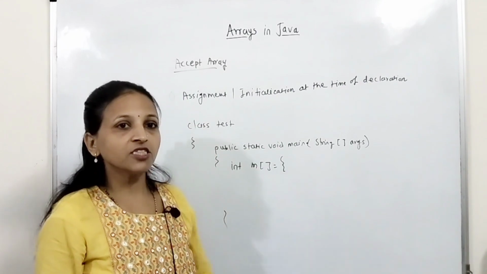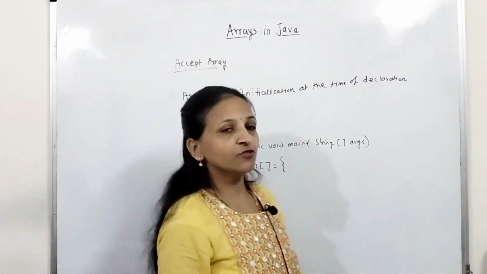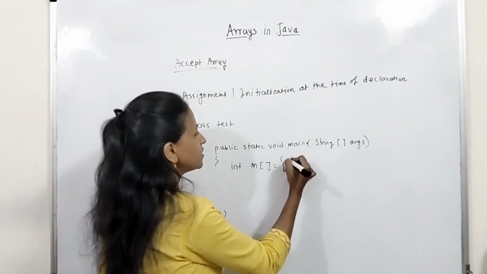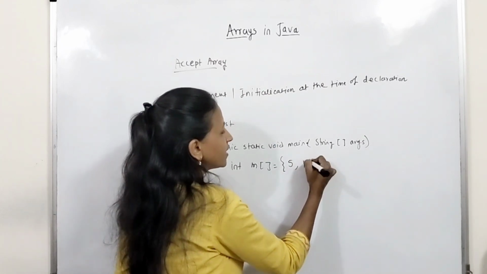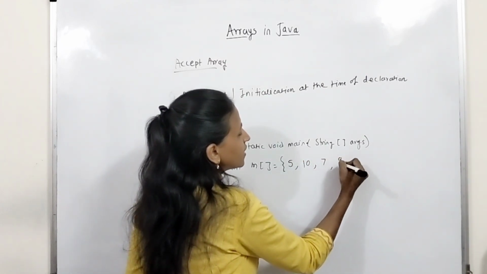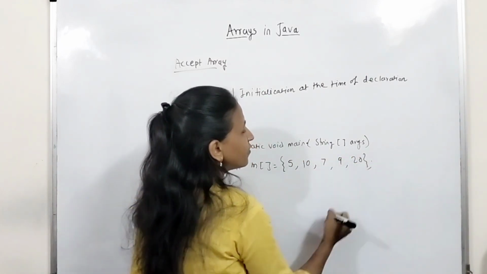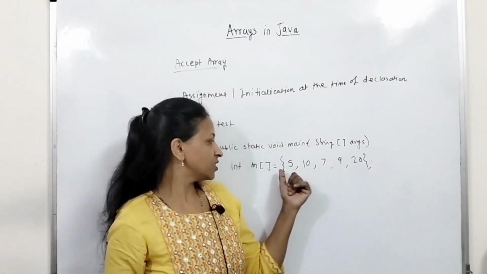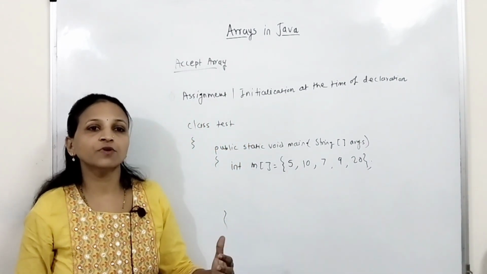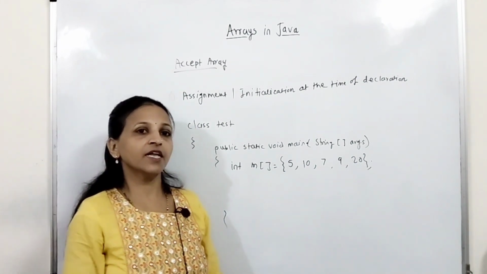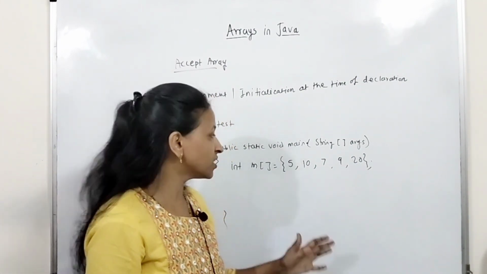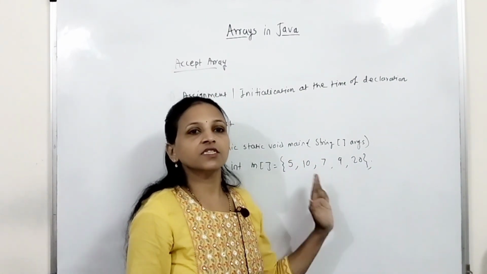If this is an integer array, then all the elements we can directly put like this. Suppose the first number is 5, then 10, then 7, then 9, then 20. These are 5 elements, which means this array will be of size 5. Automatically this array will be created and all the elements will be initialized with these numbers.